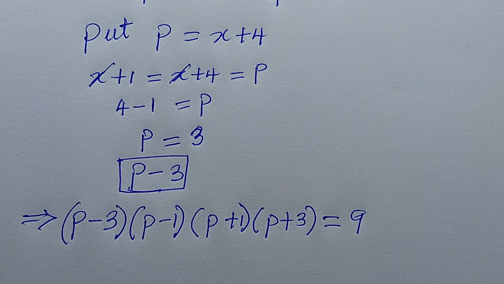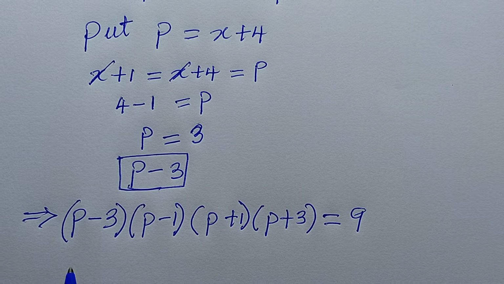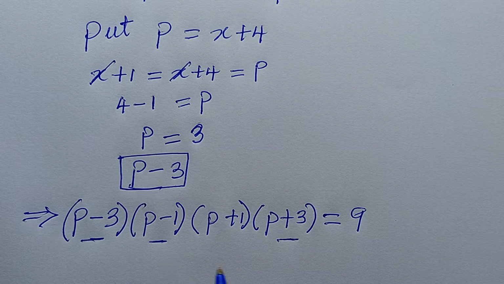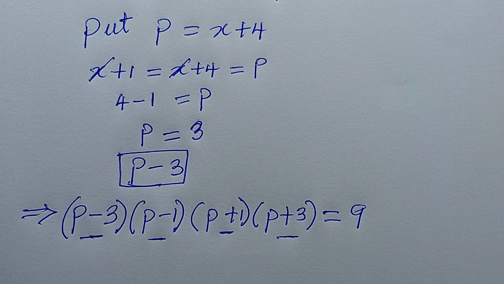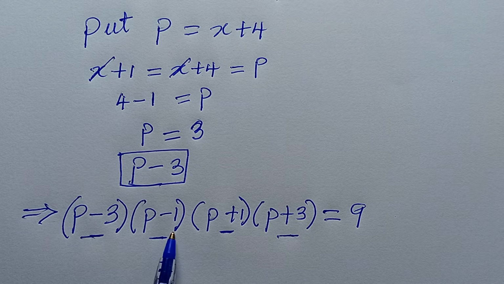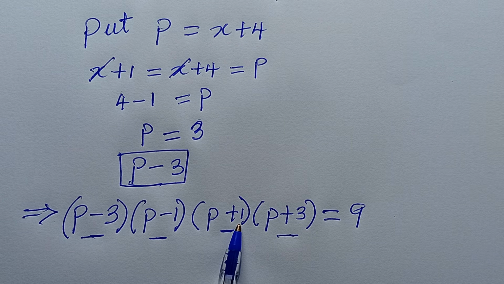Okay, now with what we have here, you discover that we have p minus 3 and p plus 3, we have p minus 1 and p plus 1. So we can use this to multiply this, and this will multiply its conjugate, and this will also multiply its conjugate.